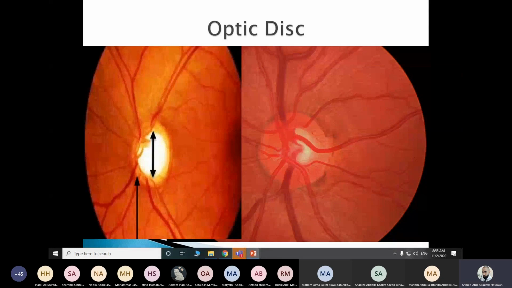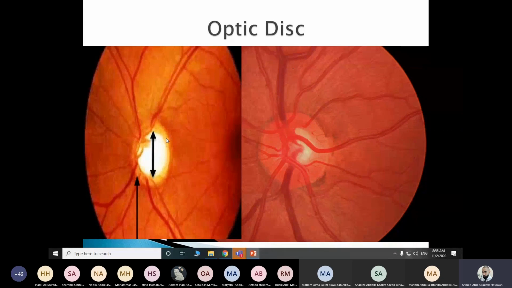So you said no, the size is not normal. Okay, increase in diameter. Okay, guys, the idea is basic: enlargement of the central cup. The central cup appears larger not because it's pushing the rest of the optic disc, but if you remember, what did we say about this margin? It's actually the retinal fibers forming the optic disc.